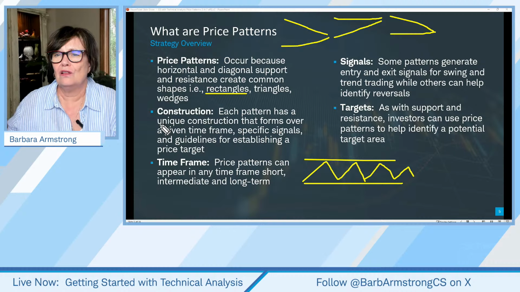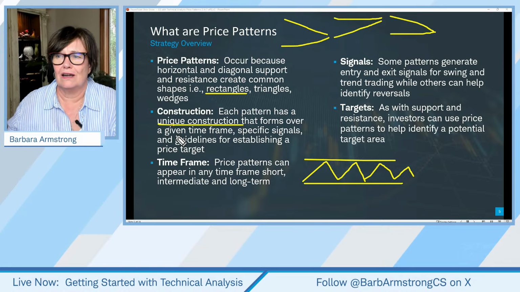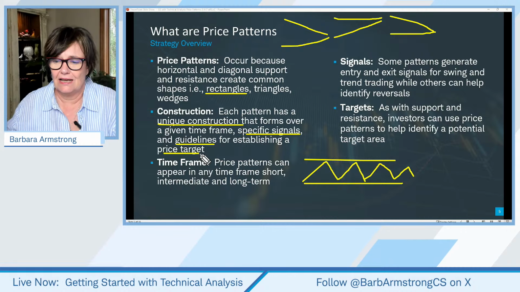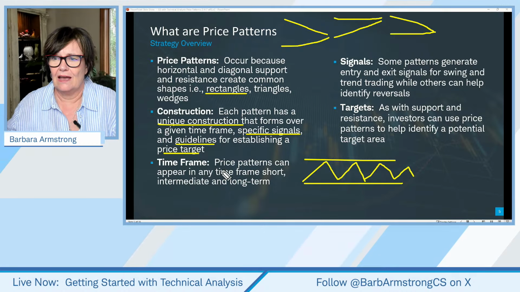But all of these have kind of a unique construction. They can occur over a number of different time frames, and they all provide us with clues or signals or guidelines for not only establishing a price target, but an entry as well.